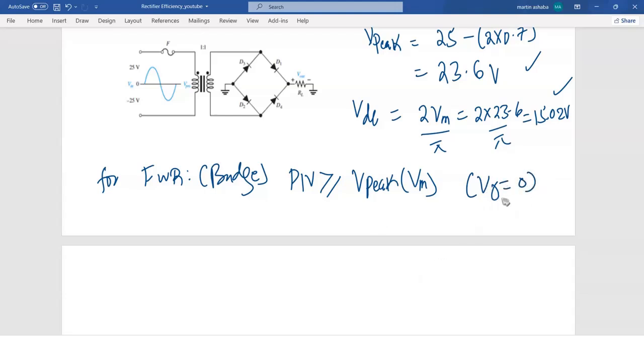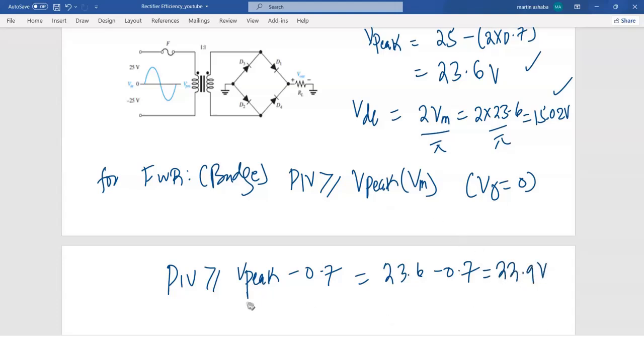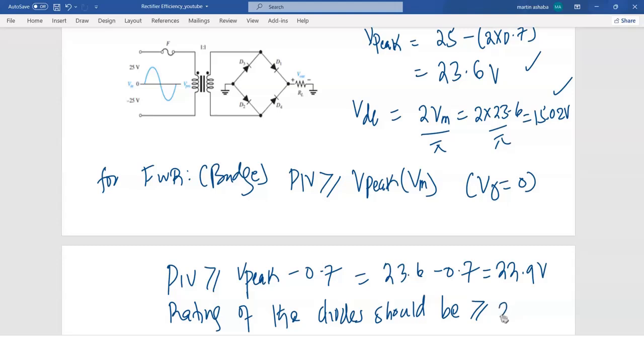But when it is a real diode, as we have been told, then PIV must be greater than or equal to V peak minus 0.7. So this is 23.6 minus 0.7, which gives us 22.9. Therefore the rating of the diodes should be greater than or equal to 22.9 volts. That should be the minimum.